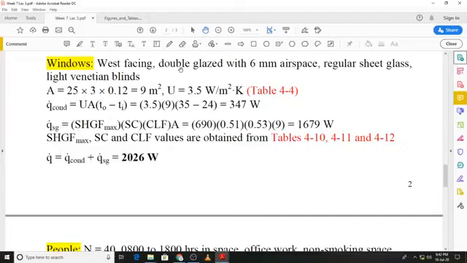So now let's proceed to the appropriate table, that is table 4-14, which is for cooling load temperature difference for flat roofs. The CLTD value for flat roofs has two sets of data, one for roofs without suspended ceiling, the second for roofs with suspended ceiling. We have a roof without suspended ceiling, so we will use the first set of data.